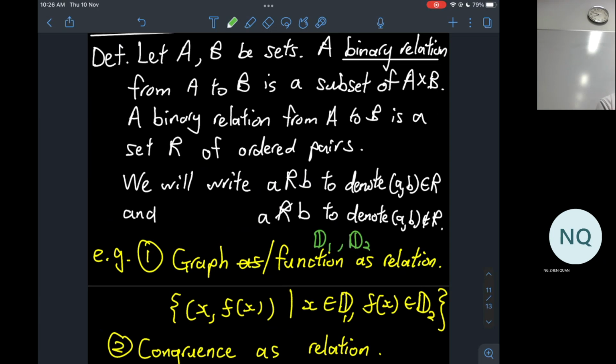So we have this condition here, and we want to verify it: is this a subset of the Cartesian product of the 2 sets?